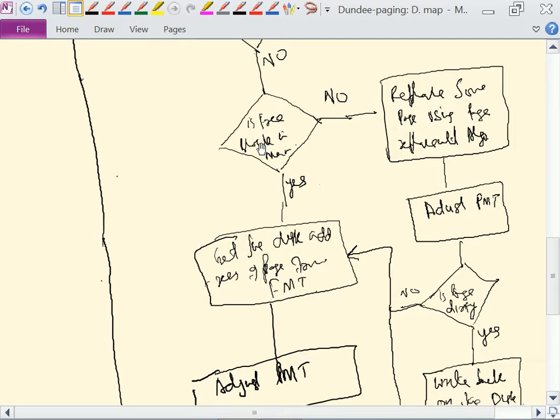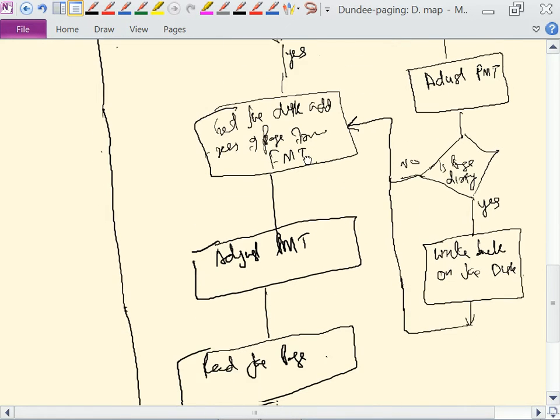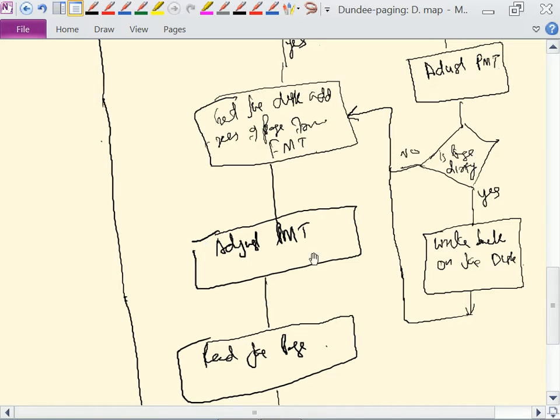Also, even if there is a free block, you still get your page from the virtual memory, right? Therefore, you have to calculate its address from FMT. Adjust PMT again for that page, the new page which arrived. You have to adjust PMT to say that this page is in that particular frame. ये किस frame में है?